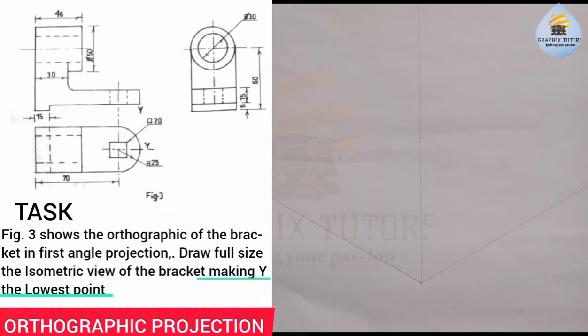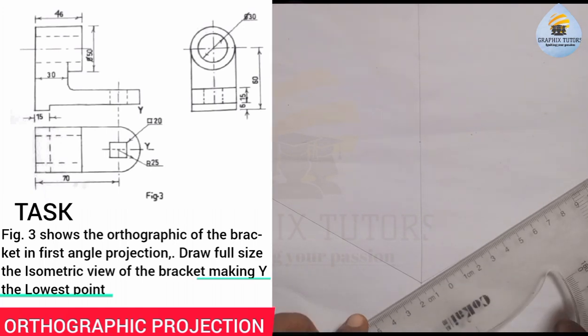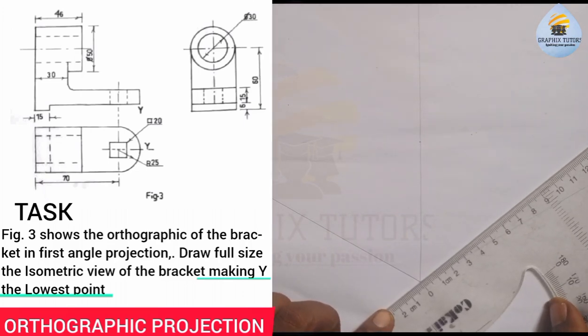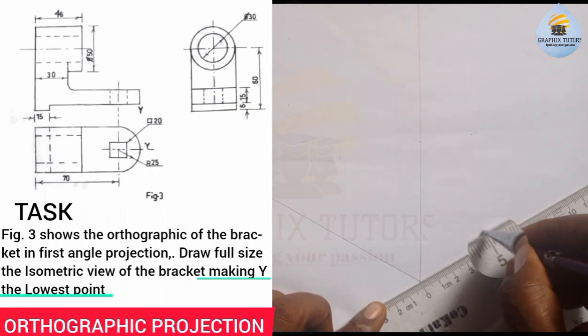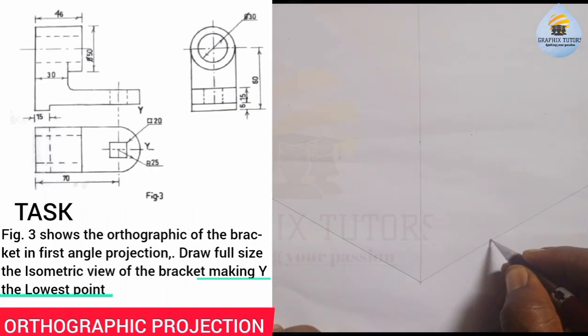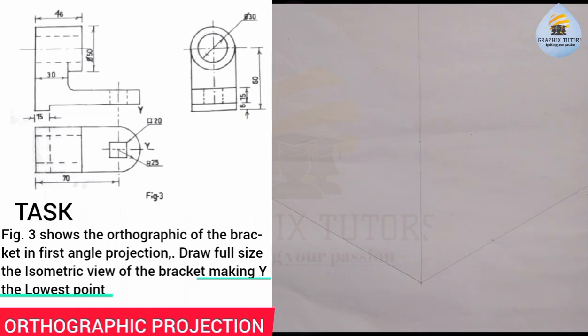So let's proceed. I'm having diameter of 50. So I'm going to measure 50 from 0 here, to 5, and that is 50 at this point. Then the remaining one, which will be the length, is just from here to this point here, which is 50.